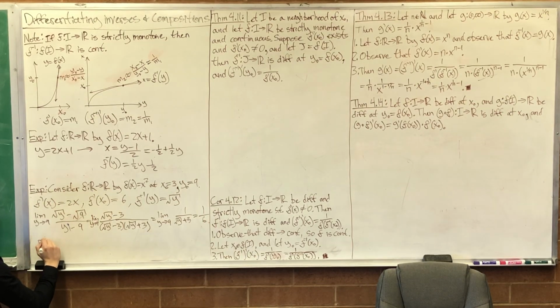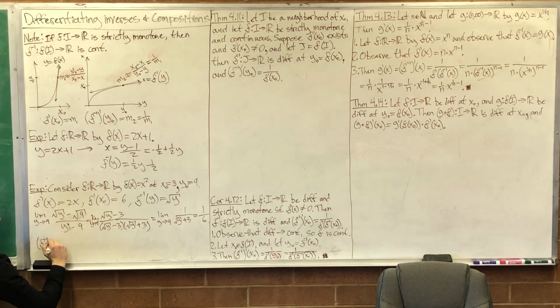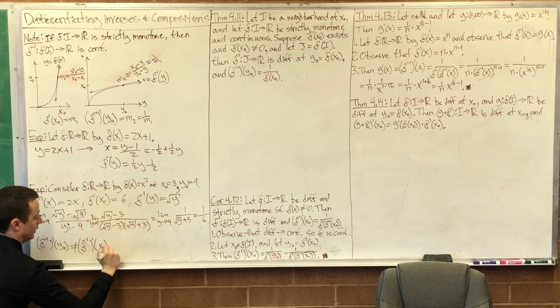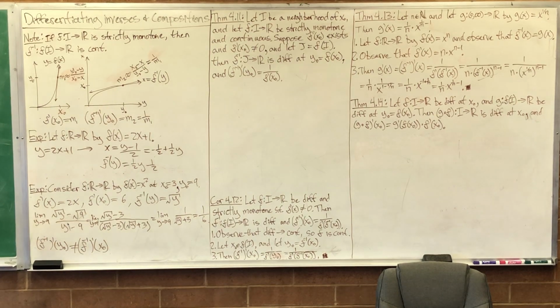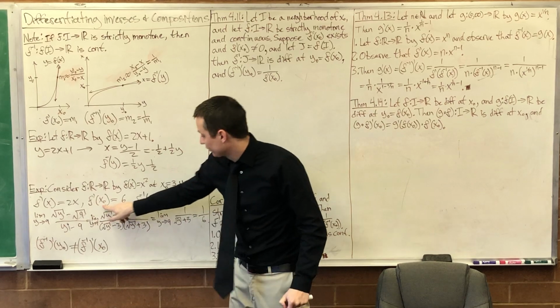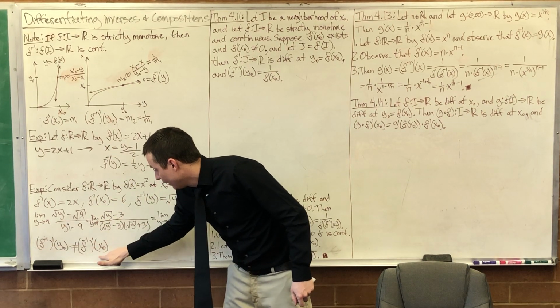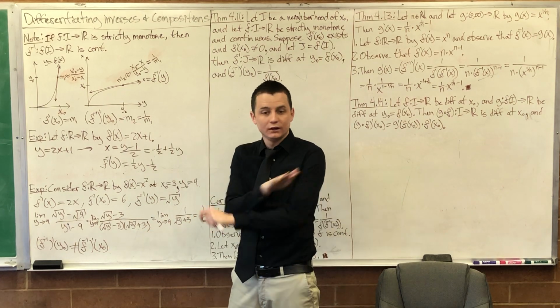F inverse prime at y naught is not the same thing as f inverse prime at x naught. That's most likely where you're going to get confused. You're going to say, since f prime at x naught was equal to 6, then f inverse prime at x naught should equal 1/6. That is not the case.